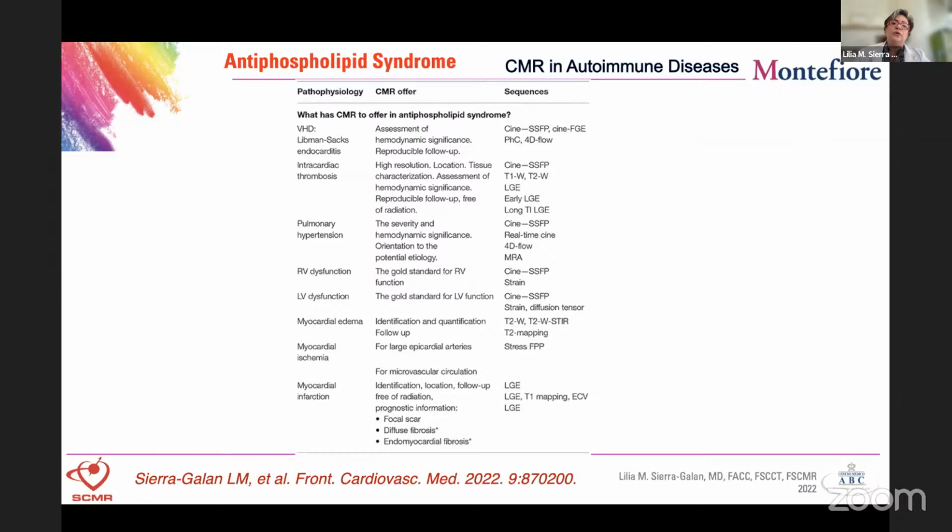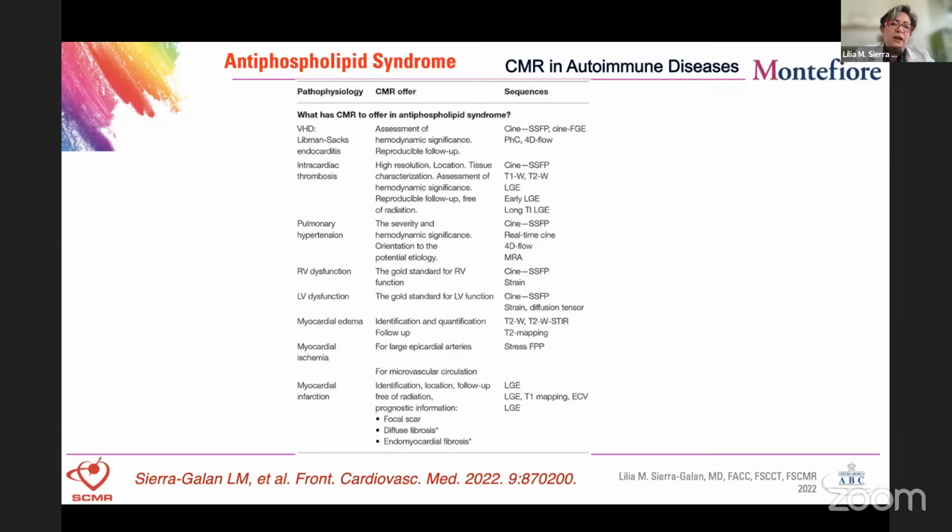And what are we going to find by using CMR? All of those. We are going to see the valvular heart disease with the Libman-Sacks endocarditis, where we are going to evaluate again the assessment of the hemodynamical significance. And since it is very reproducible, we can use this technique for follow-up.